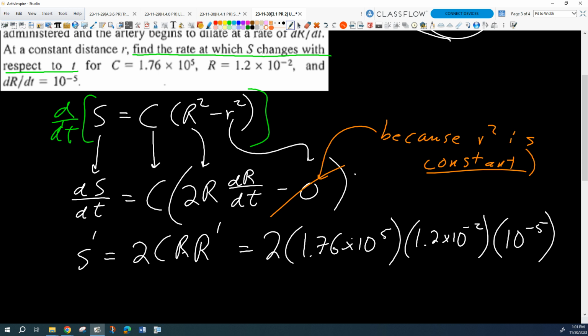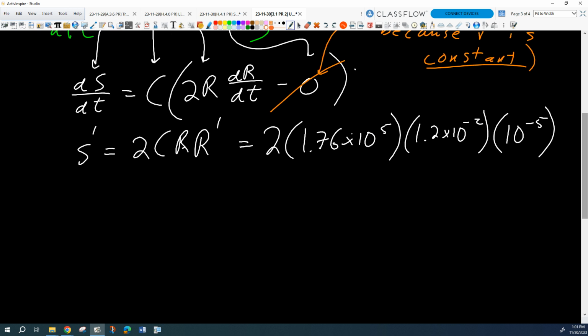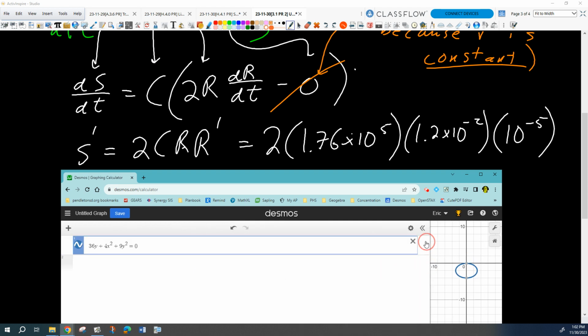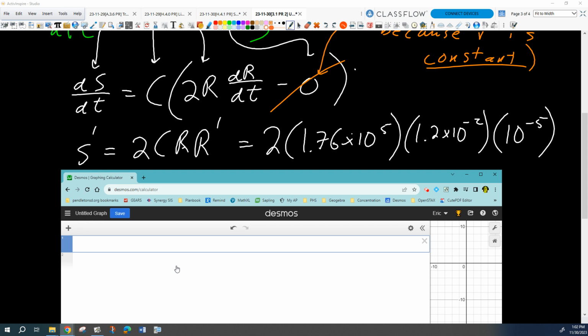We're just going to get some value. You guys are familiar with scientific notation, right? So let's figure out what that is. If I plug all that in, I'm going to get 2 times... I don't think there is a shortcut way to do scientific notation in Desmos. I think I've tried that, it doesn't work.